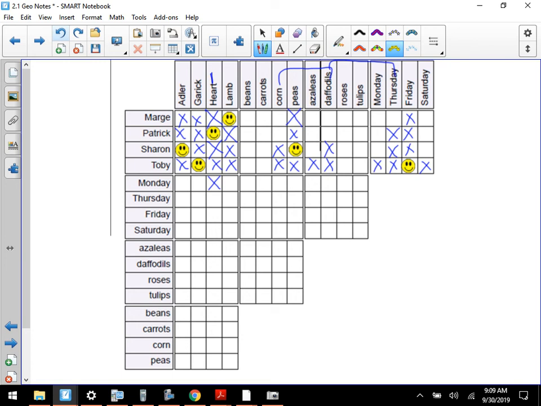Marge. See that? Which means she's planting daffodils and corn. Which means that Patrick isn't planting corn or daffodils. See, all I did there is I crossed off the other possibles that deal with Marge.